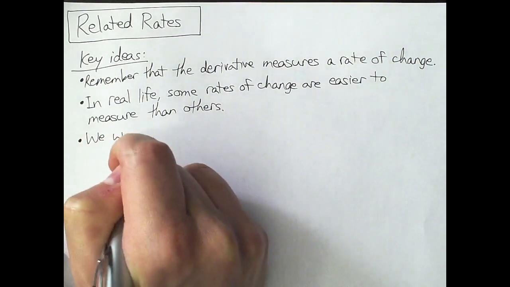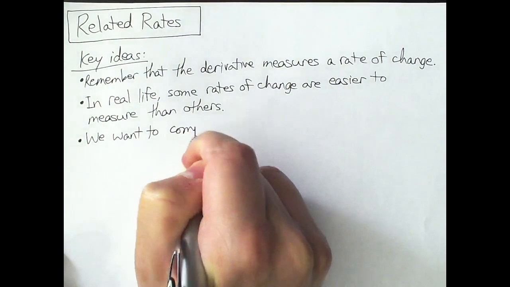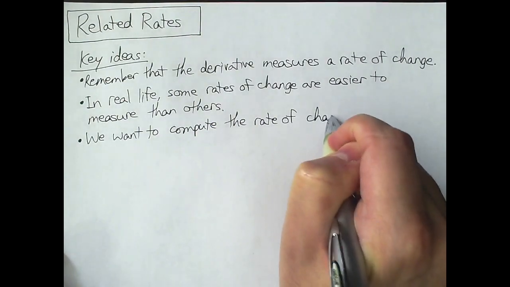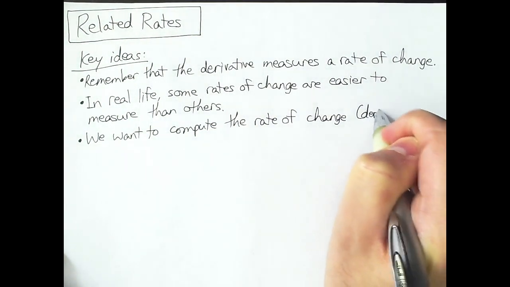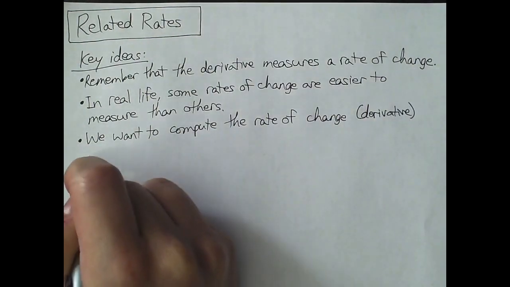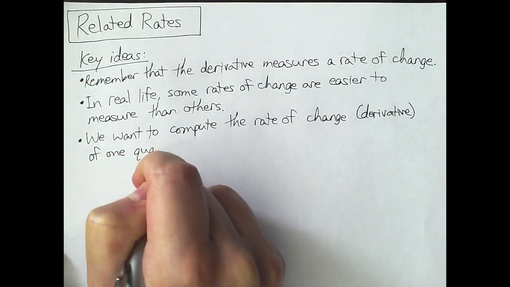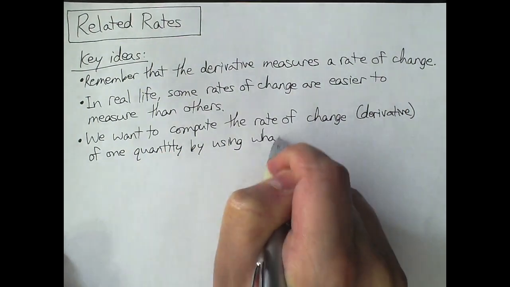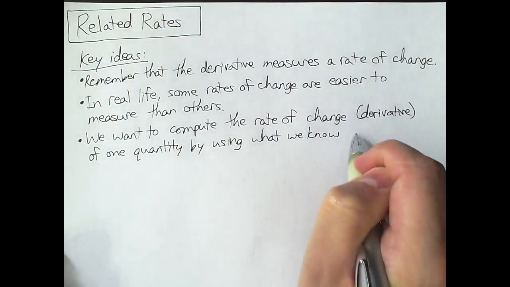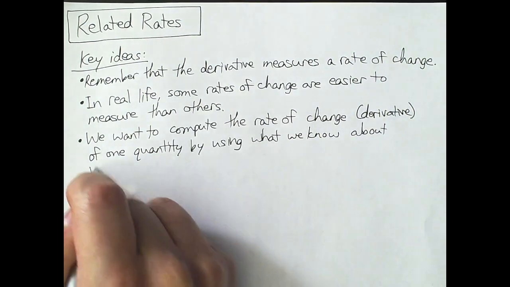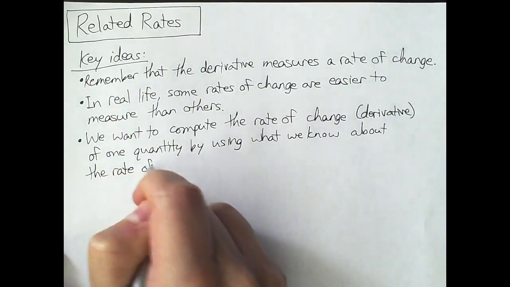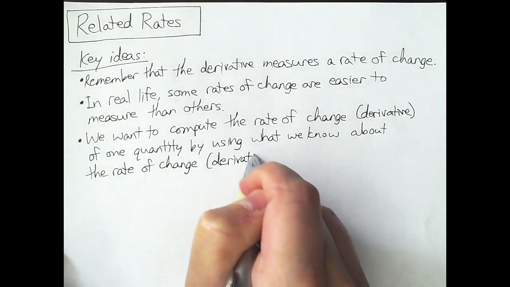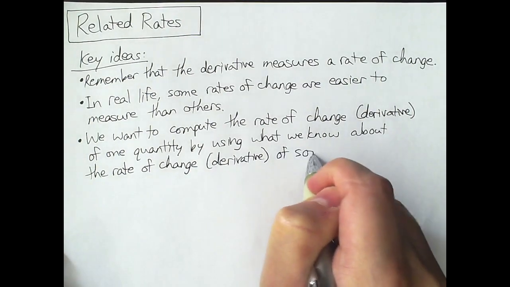Now, what we want to do is we want to compute the rate of change (in parentheses, I'm going to say derivative) of one quantity by using what we know about the rate of change (derivative) of some other quantity.